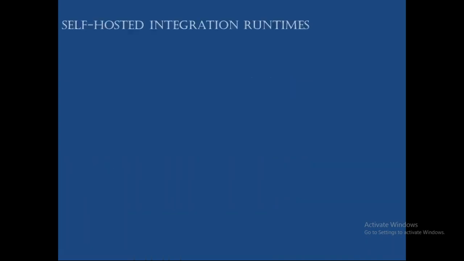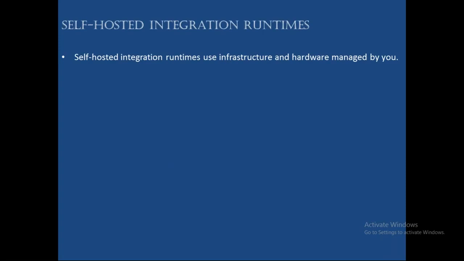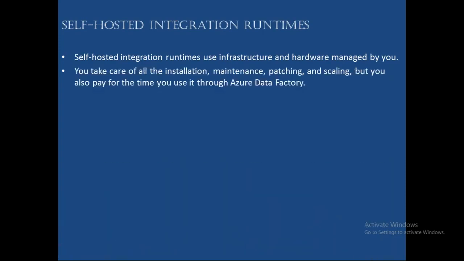Okay. Self-hosted integration runtime. As you know, the self-hosted integration runtime uses infrastructure and hardware managed by us. We are going to manage infrastructure and hardware, and installation, maintenance, patching, scaling, everything you need to take care of, and you need to pay Microsoft for the time that you have used this self-hosted IR with Azure Data Factory.